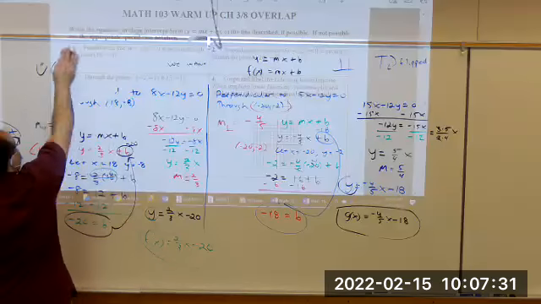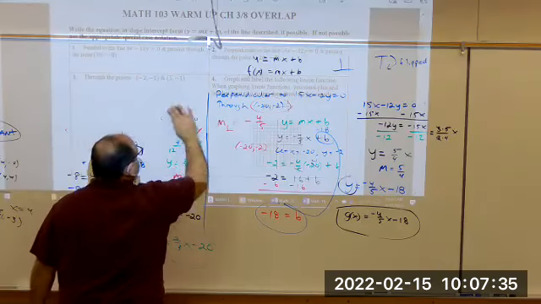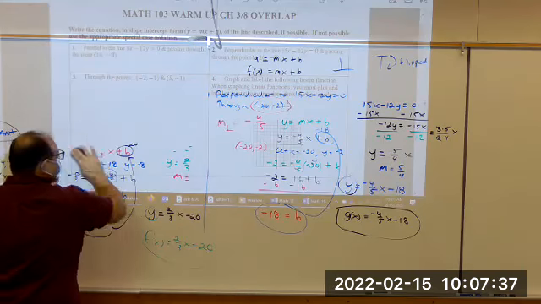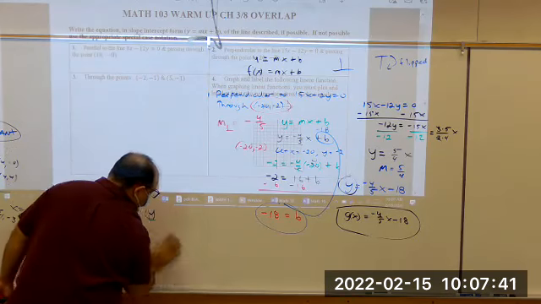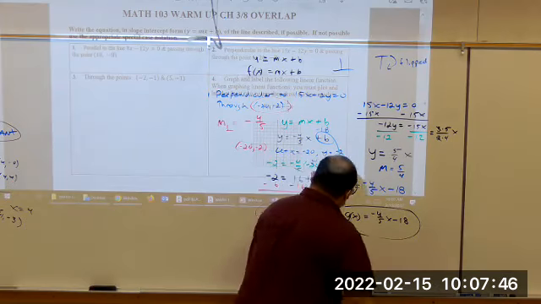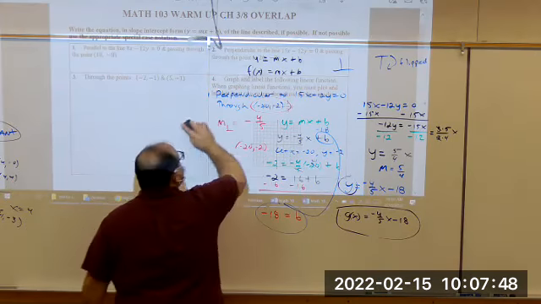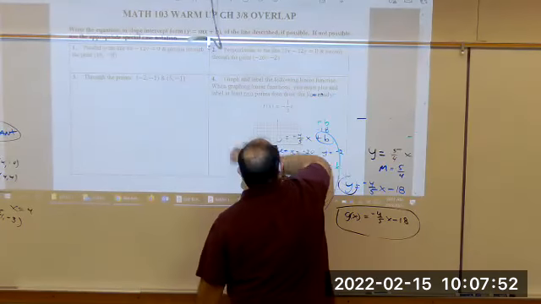Now, when I gave you the preview of the test, and I put up the test up there, there were two problems where you had to write the equation of the line using function notation.